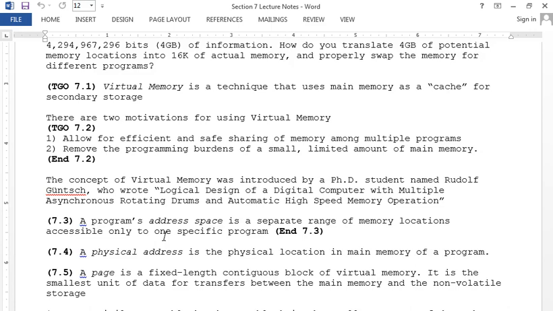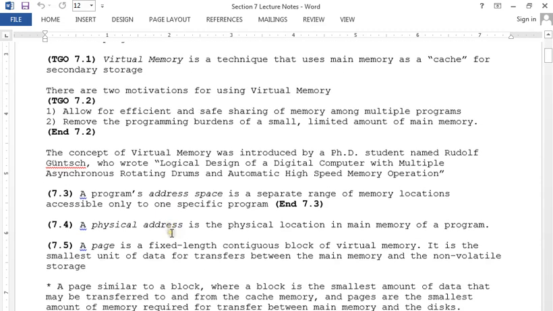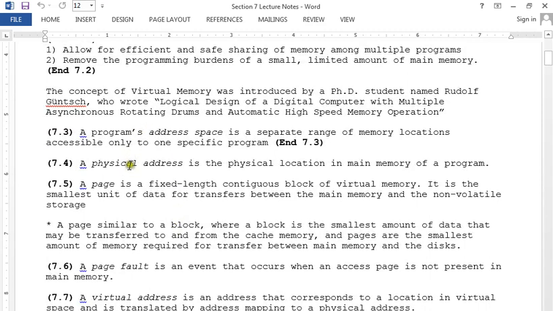So the address space is a separate range of memory locations accessible to only one specific program. Virtual memory is important in ensuring that we don't overwrite another program's data. And the physical address is the physical location of the program in main memory.